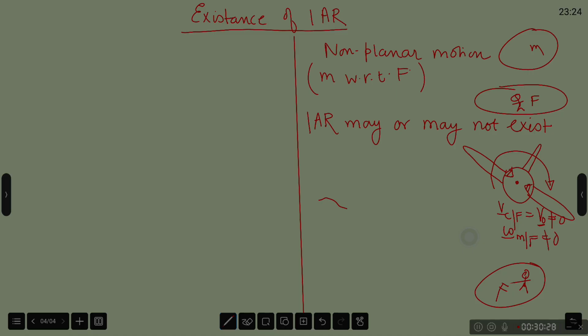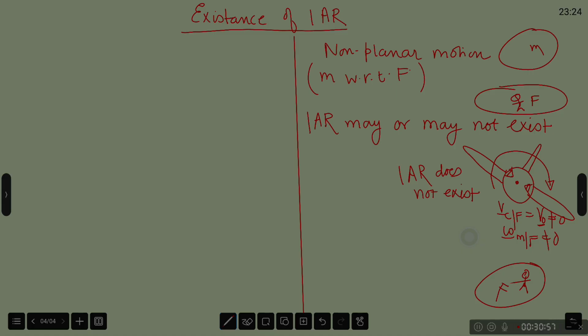In this case we can show that instantaneous axis of rotation does not exist. I am not giving the entire proof here. However, it can be shown that IAR will not exist. So non-planar motion, no guarantee.